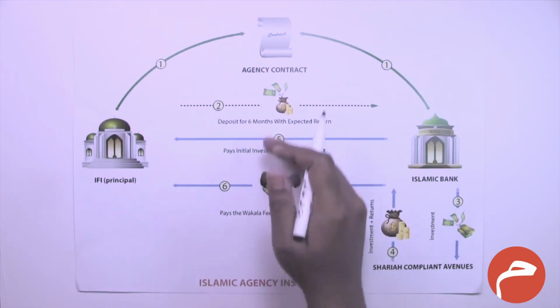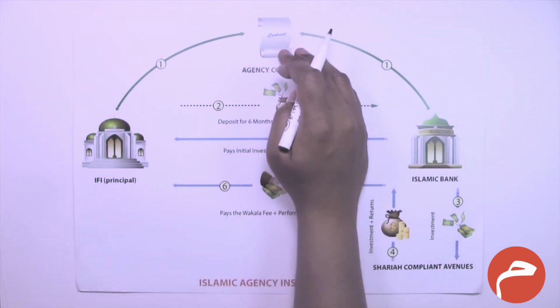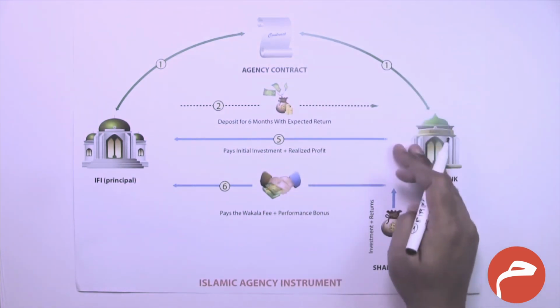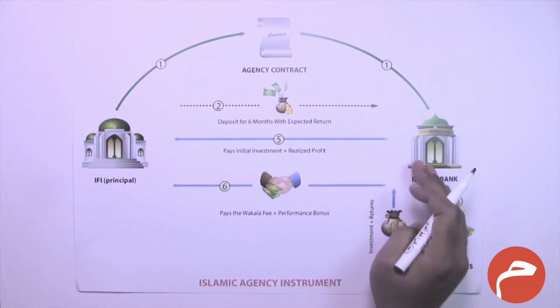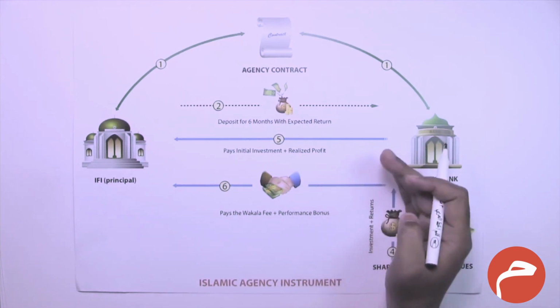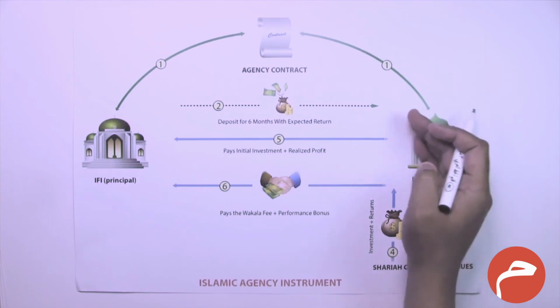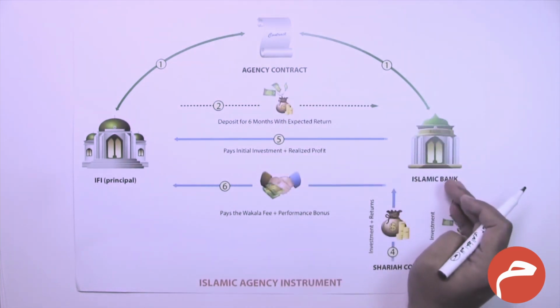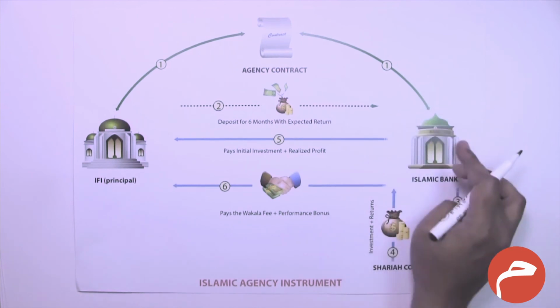And if it has been agreed in the agency contract that anything in excess would go to this bank as an incentive or a performance fee, that could also be done. So anything in excess of the realized profit could be agreed in the agency contract to be given as a performance bonus to this Islamic bank.